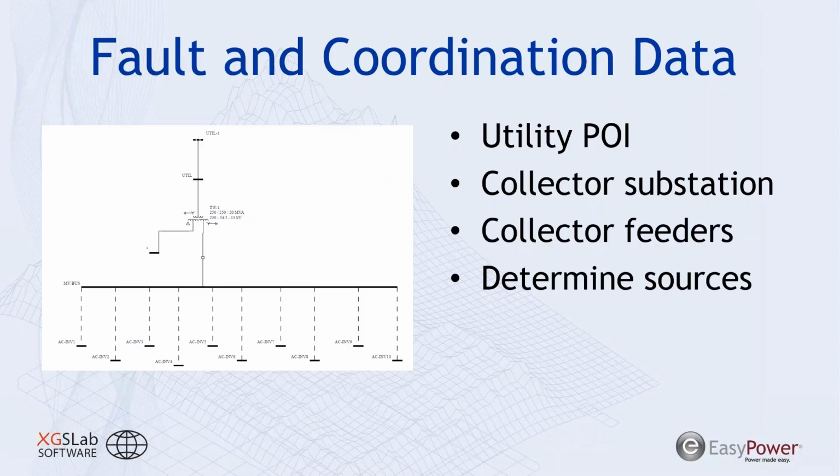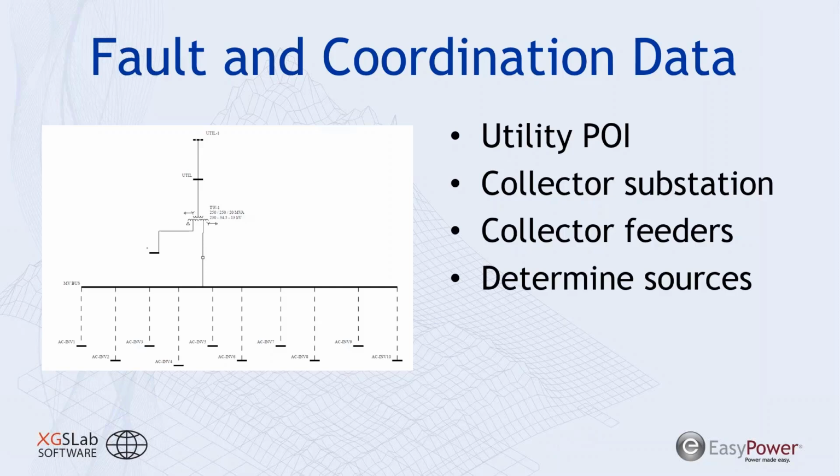If this is a large solar site, it'll often have a collector substation with its own transformer and breakers, and we need to understand what the protective systems are at the substation and along the feeders in order to determine proper clearing times, as well as understand the possible sources for fault currents.